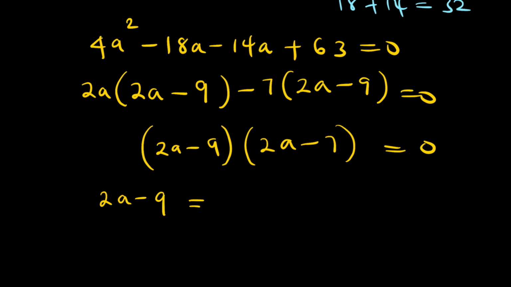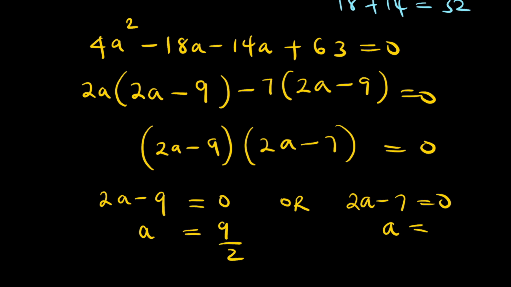Therefore, either 2A minus 9 is 0, or 2A minus 7 is equal to 0. From the first one, A will give us 9 over 2. And for the second one, A will give us 7 over 2.